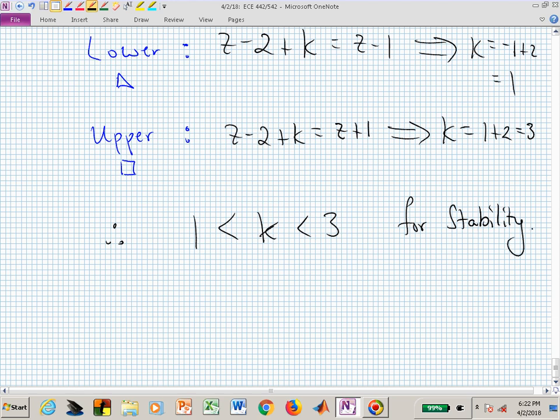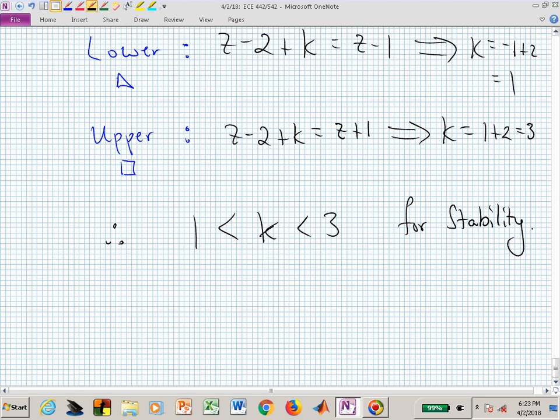Why did I not put equalities on those inequalities? Isn't it okay to be right on the stability border? If I'm talking bounded input, bounded output stability, the answer is no. Because if I was right at z equal to 1, I could put in a constant, and what's going to happen? I'm going to actually go as a ramp. I'm going to go as n.